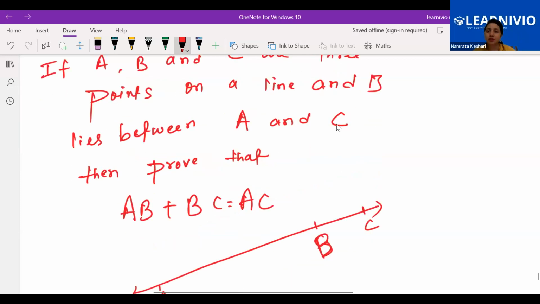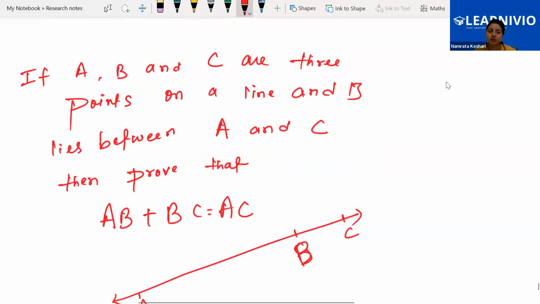Please try it. Okay, let me make the wide screen. Now I believe everything is visible.